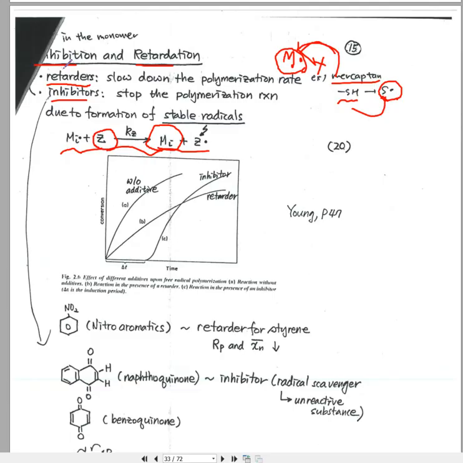If you buy from a chemical vendor, there is always a small amount of retarder or inhibitor inside the bottle, because by chance, if you heat the bottle or shine light on the monomer bottle, it might start the chemical reactions. To prevent that, retarder or inhibitor molecules are usually contained inside the monomer bottle.